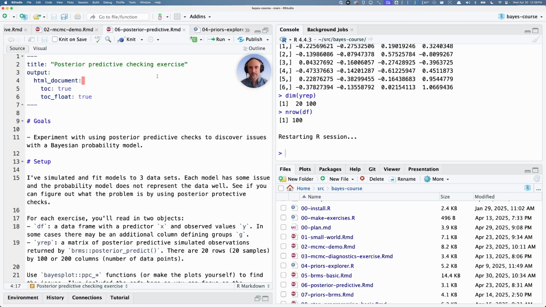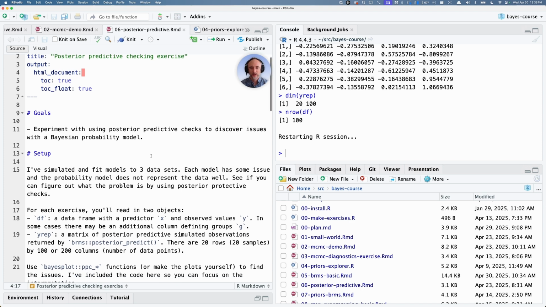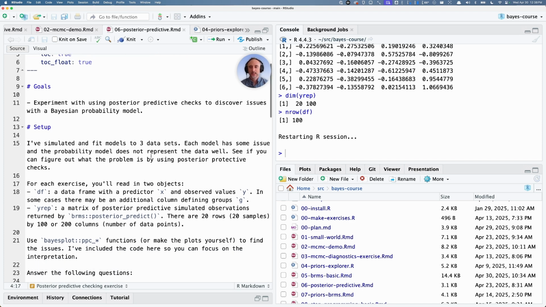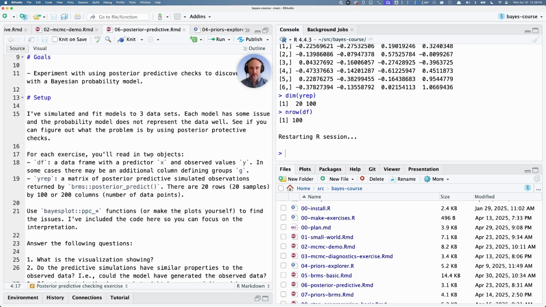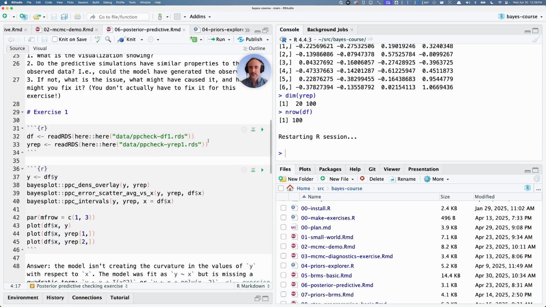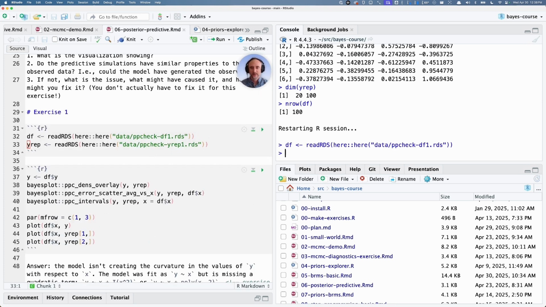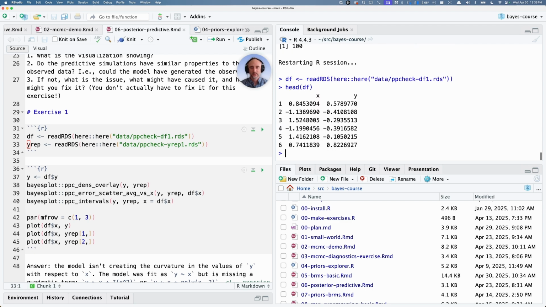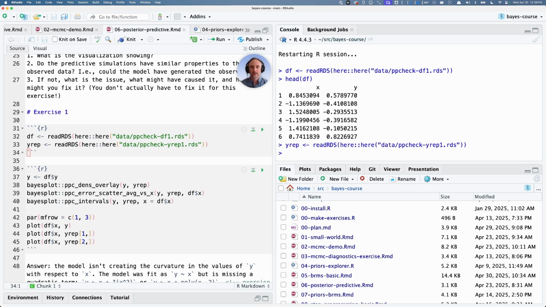So now we're going to open up file 06 posterior predictive, and we're going to go through some exercises where we are going to do posterior predictive simulation checking in order to find problems with our model. And in each case, I have simulated some data in a data frame DF. If we look at this data frame here, in this case, we've got a predictor X and some observations Y. And then I have a matrix Y rep.